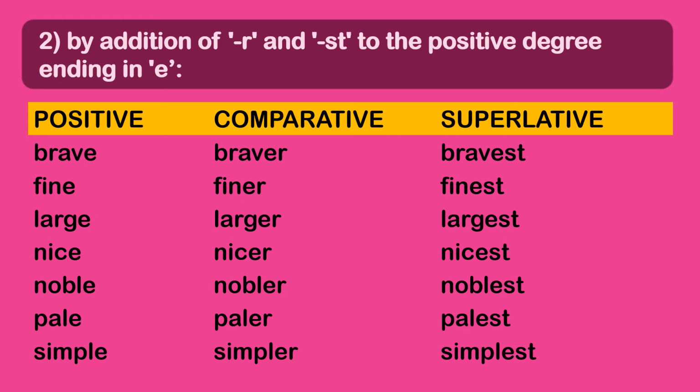Fine, finer, finest. Large, larger, largest. Nice, nicer, nicest. Noble, nobler, noblest. Pale, paler, palest. Simple, simpler, simplest. Keep this in your mind: if it is already ending with E, you will not write E again.